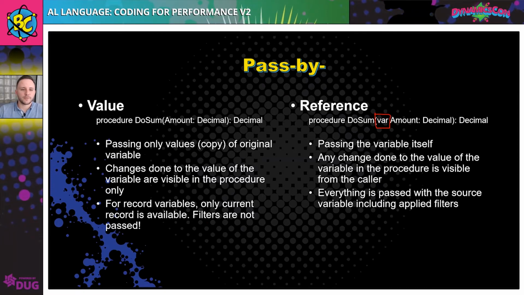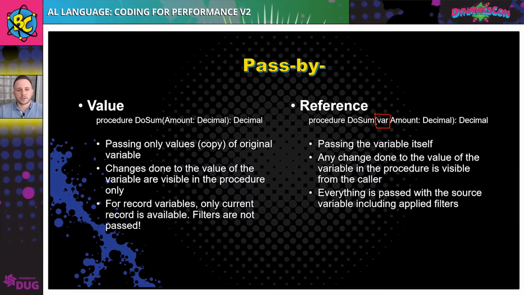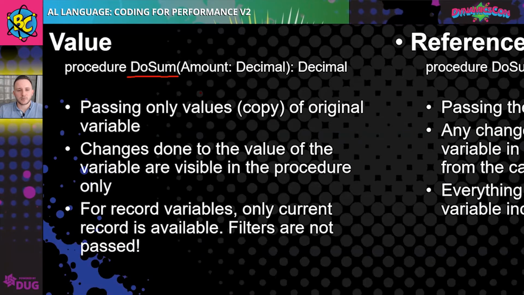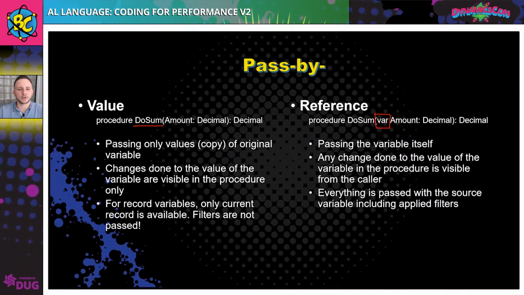If you apply some filters and then call this procedure with the record parameter, then the records are not copied to the procedure, and the filters will be cleared, so you will go through all records without filtering on what you wanted.